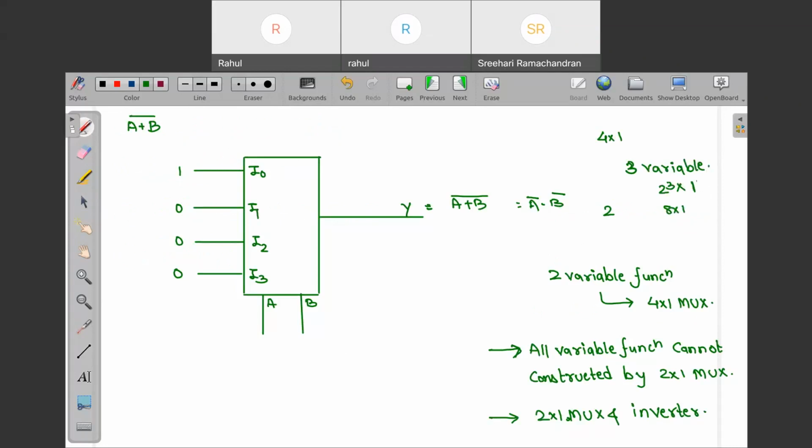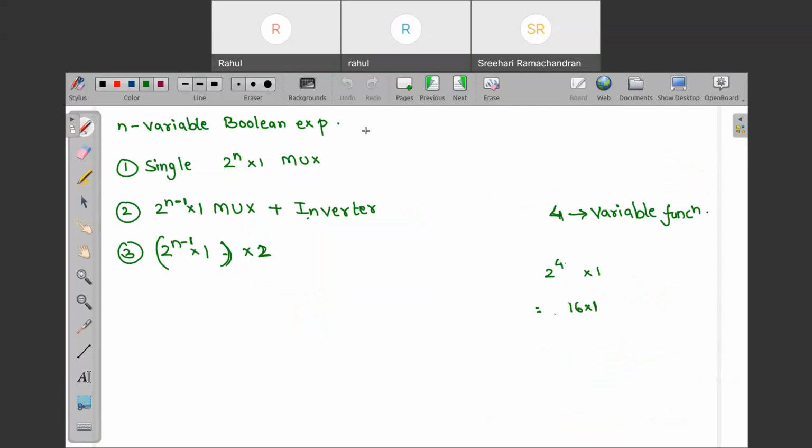That is 8 cross 1 mux will be able to implement all the 3 variable Boolean functions. But if I want to implement it using a 4 cross 1 or 2 to the power 2 cross 1 mux, we will be requiring one inverter to implement. So is this clear now? You were correct. I told the wrong thing over here. Is this clear now?